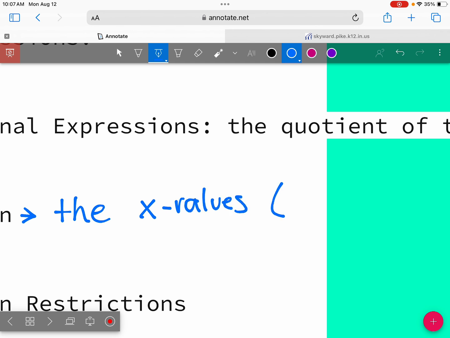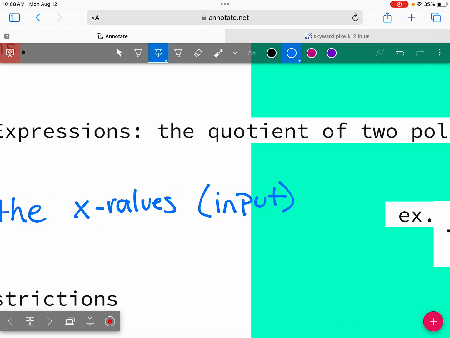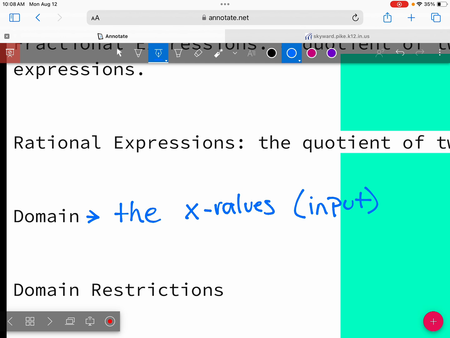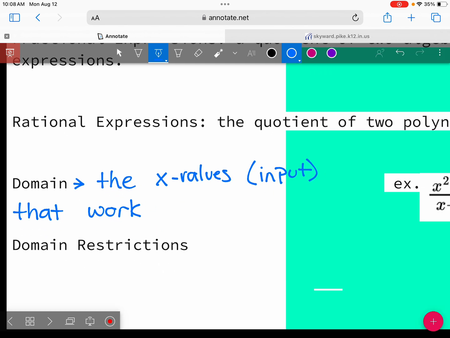Usually the x value is what we substitute in, so I will often put it as our input, because sometimes the book uses different letters and we still can put it in there. The x values that work. It's the things we can substitute in and get an answer. It might not be pretty, but it's an answer.